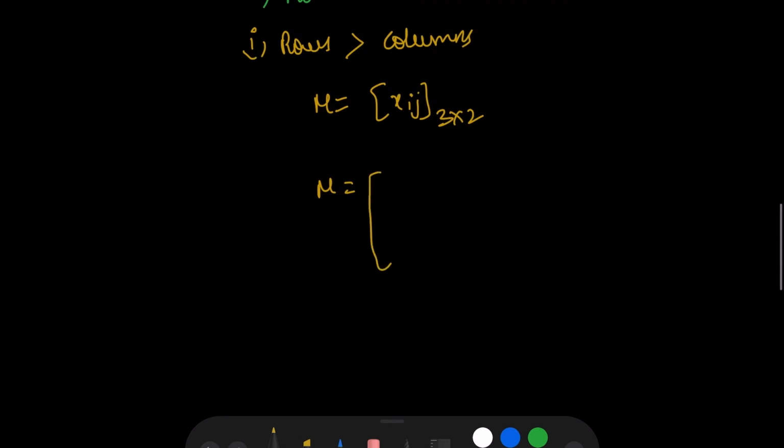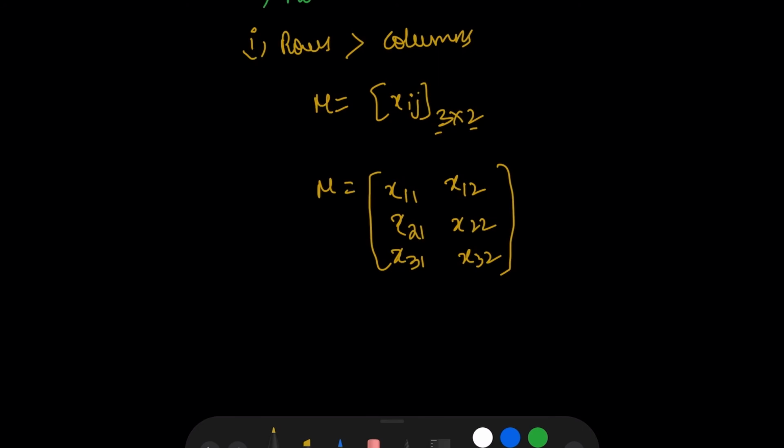So M here will be equal to, since we have 3 rows and 2 columns, this element here will be x11 and this element x12, this will be x21 and this x22, this will be x31 and this x32. So this is a simple matrix where the number of rows is greater than the number of columns.